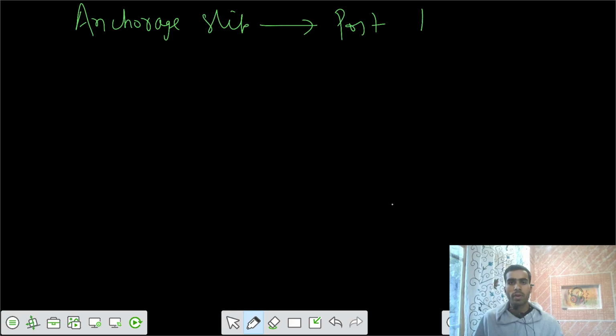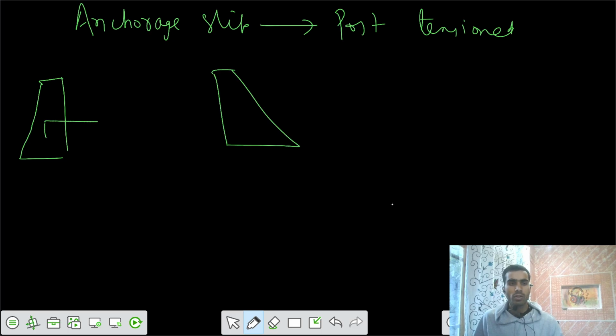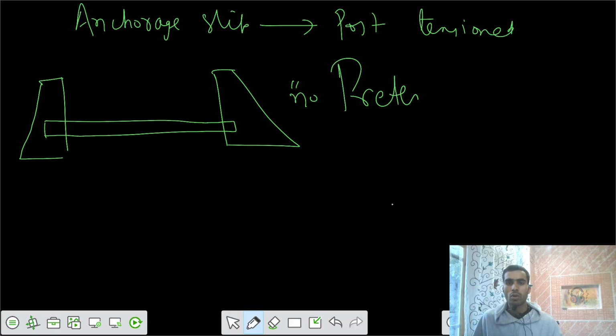I would say this anchorage slip was only observed in post-tension members. If we talk about pre-tension, in that case there are bulkheads, abutments, in which your steel wire is already fixed. Then I would say there's no such loss in pre-tension.